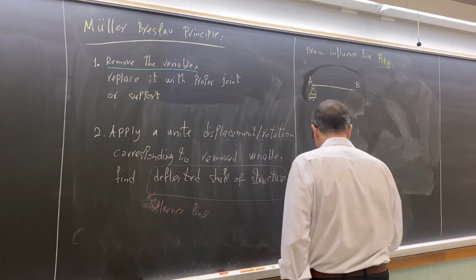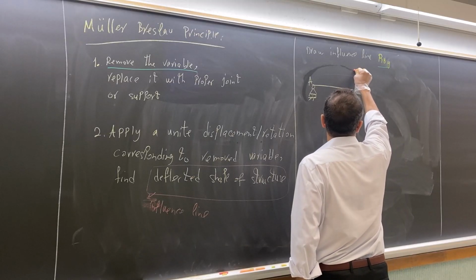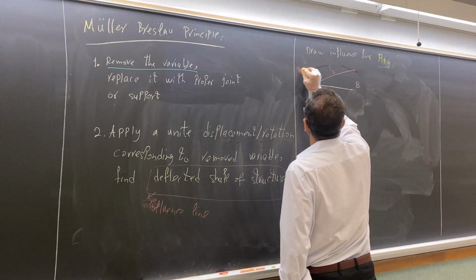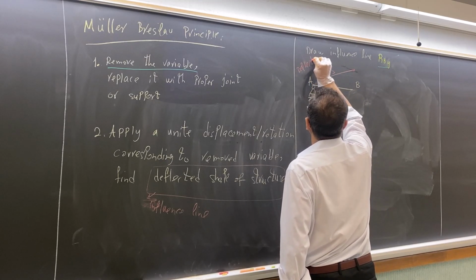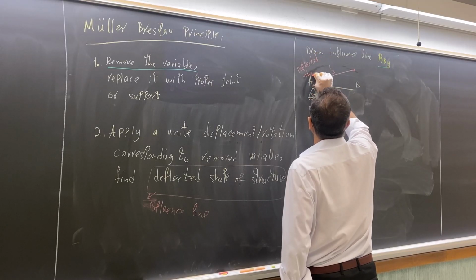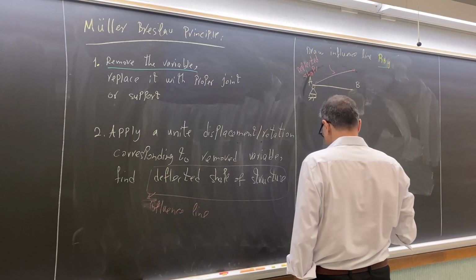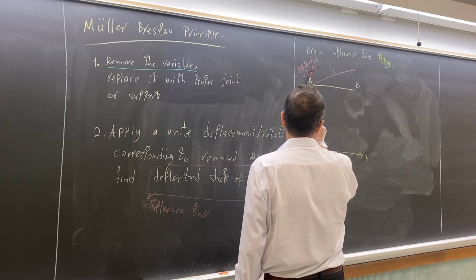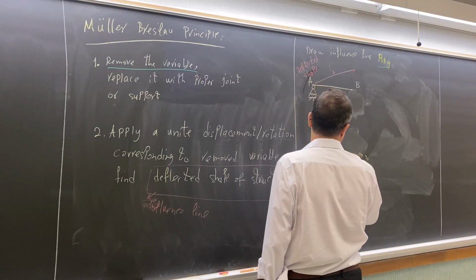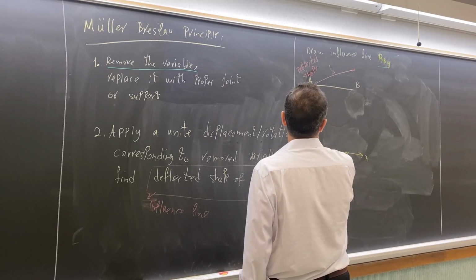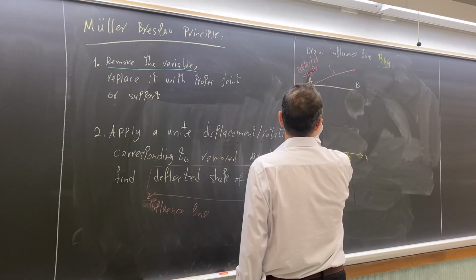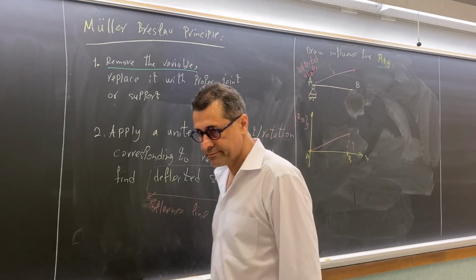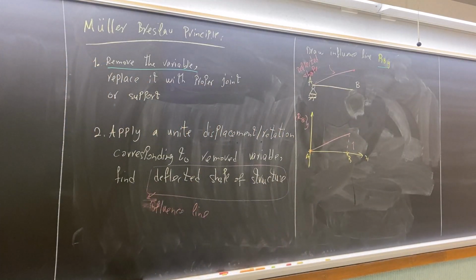Okay, again, we grab point B, move it upward, and then we connect A to B. Basically, this is the deflected shape, and this is the answer. So you need to redraw it. Point A, point B. The influence line is for R, B vertical. That's it. You use the Muller method.